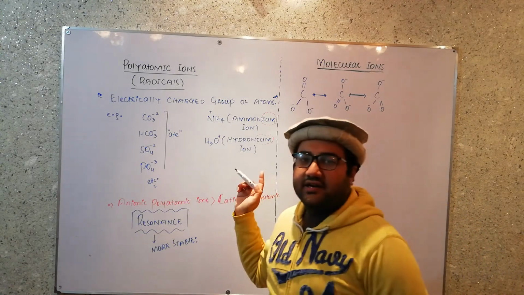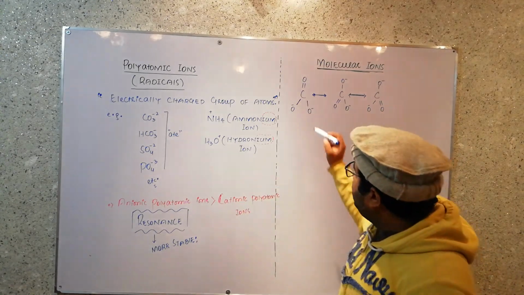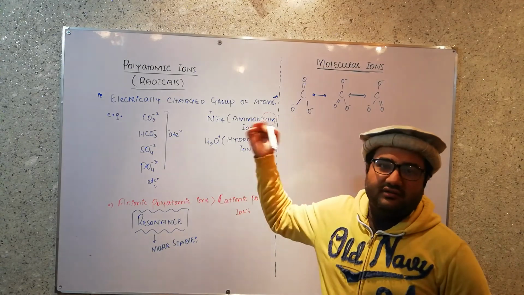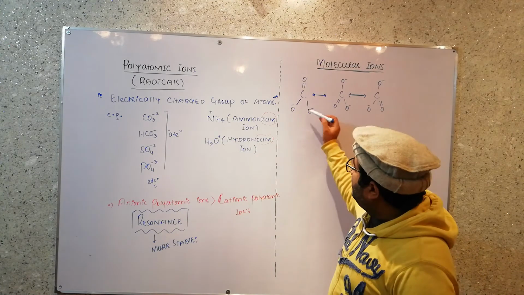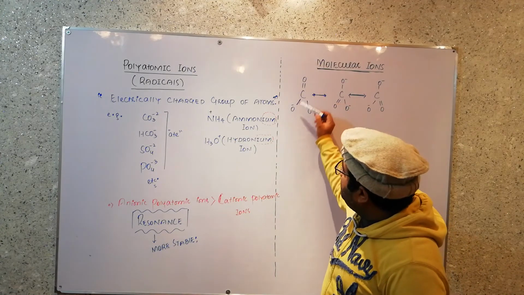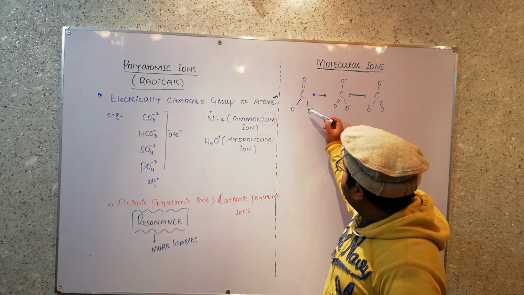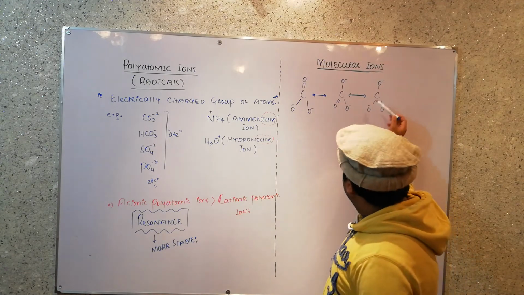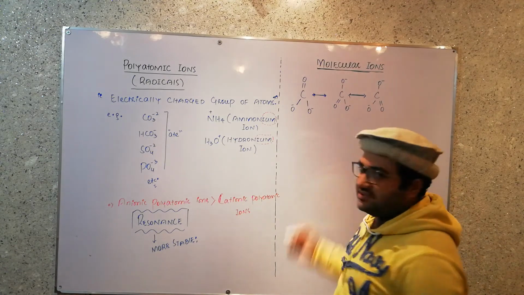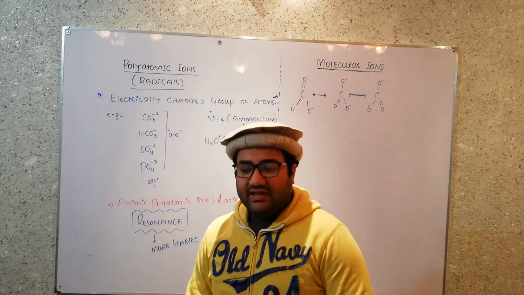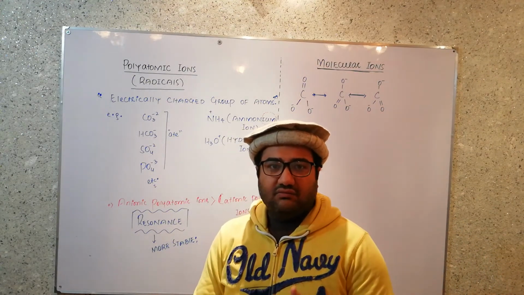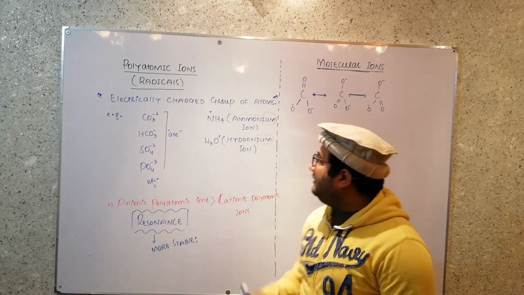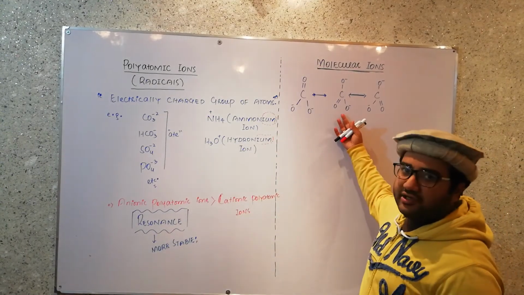You can see that it is having the three resonance structures. Means this negative charge is moving on oxygen atoms. Here is the double bond, these two oxygens are negative. Then here is the double bond, these two oxygens are negative. Then here is the double bond and these two oxygens are negative. When the negative charge moves on different atoms, these are called the resonance structures or canonical forms.